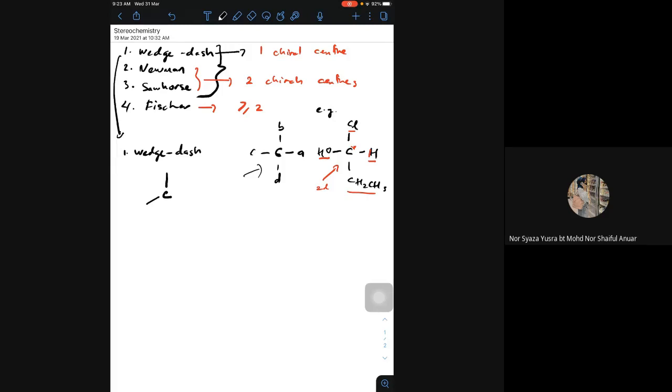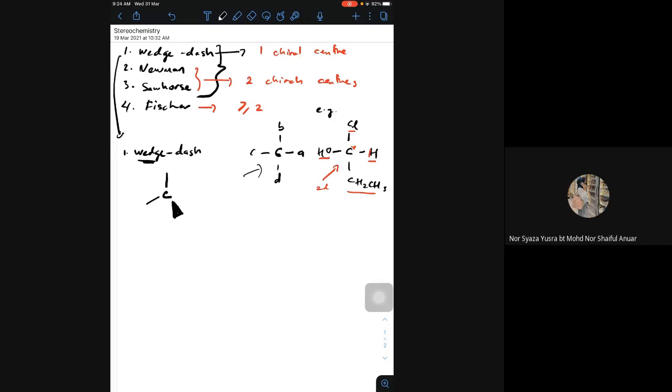Then we have these 2 wedge shapes. Like last week Matan asked, there's one with dotted dash and another one with bold. The one with bold looks something like this. The bold wedge is pointing towards you, towards the viewer, which is us.